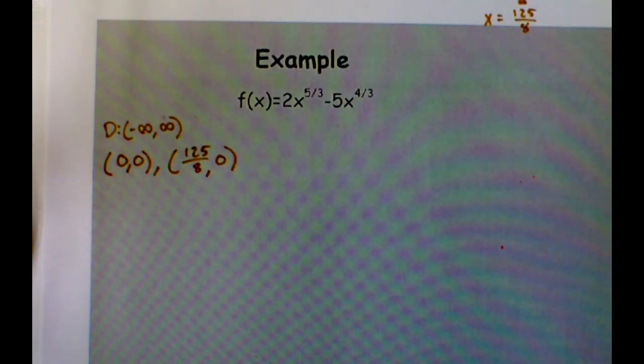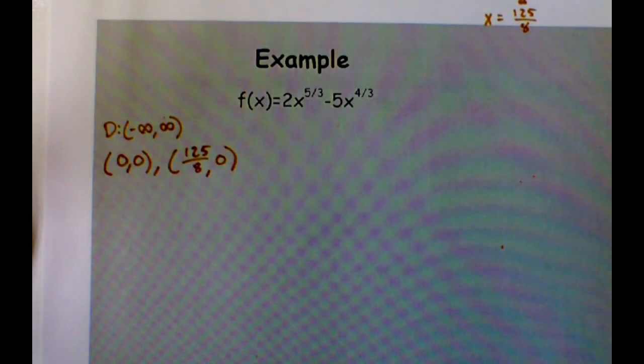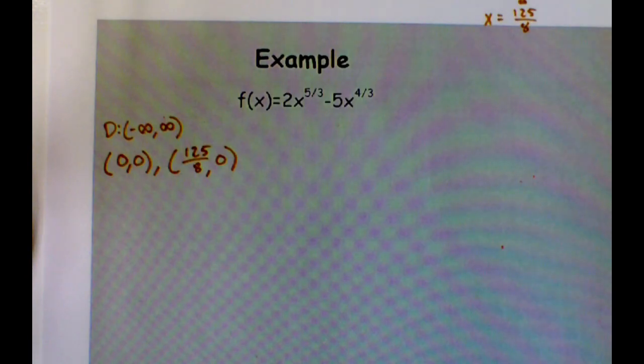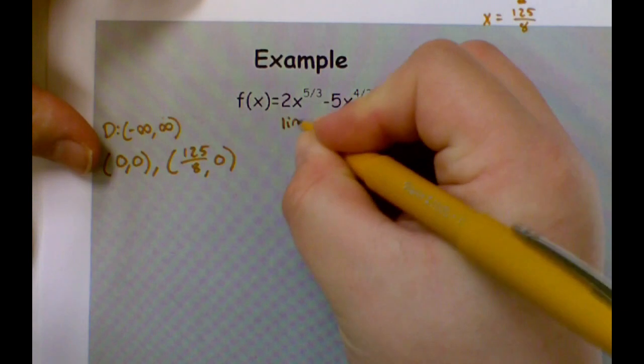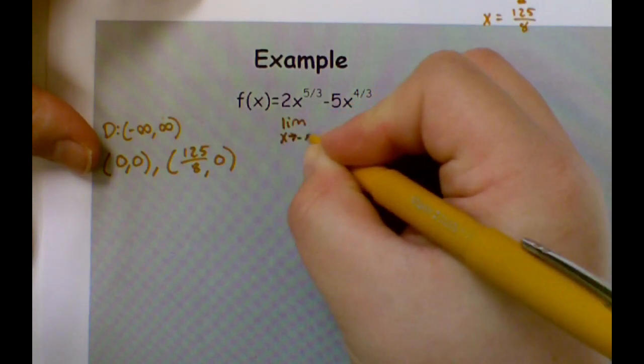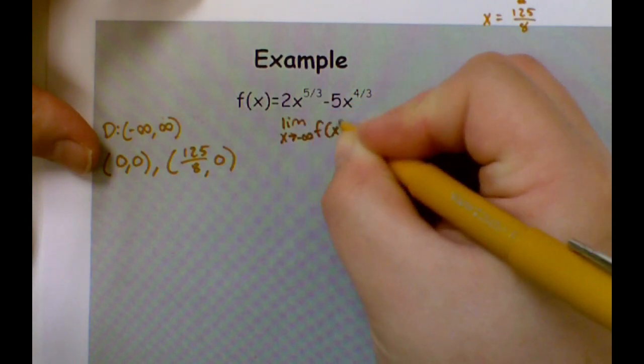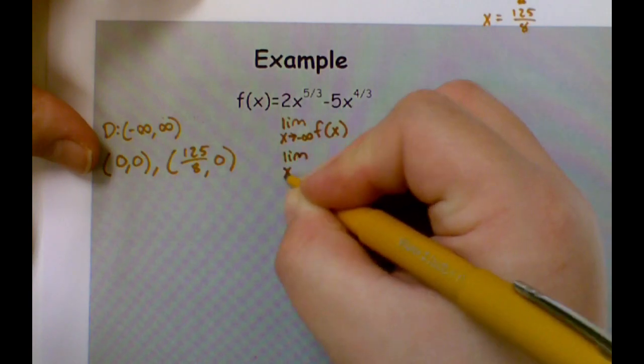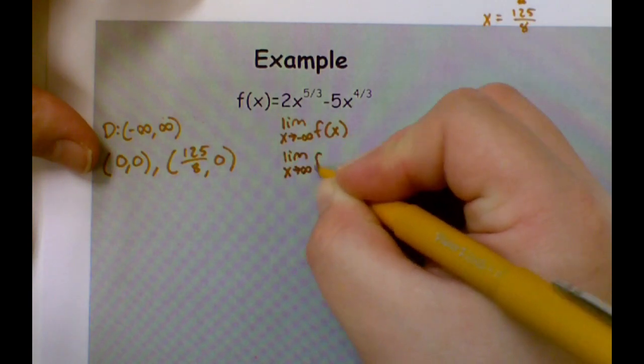We have no vertical asymptotes. Should have no horizontal asymptotes either. So we just have to deal with our end behavior. The limit as x approaches negative infinity of our function, and the limit as x approaches positive infinity.